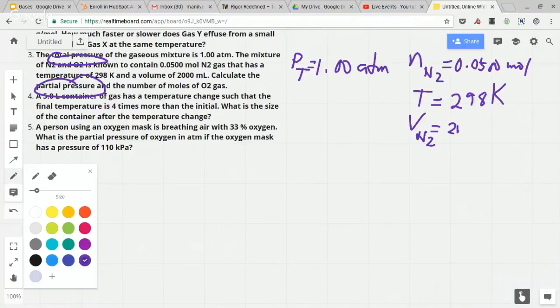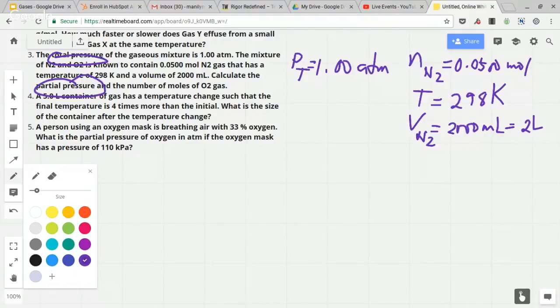So it's 2000 ml, and you know that you need to convert your 2000 ml to liters because obviously this is not just about Dalton's law. You also have to employ the ideal gas law because you're given T and V and P and n. So this is the problem in which you can use the ideal gas law for solving it.